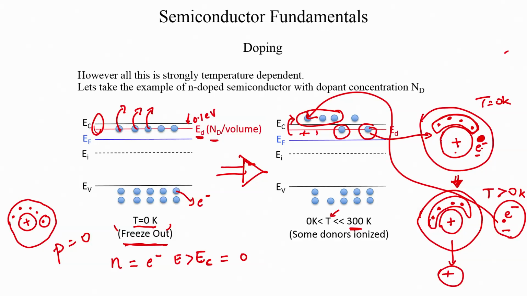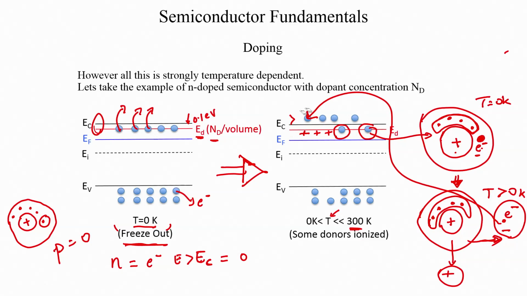They have left behind positive cores. I should have shown the positive core here. They have left behind this positive core and promoted the electron into the conduction band. So, there are several of them where the electron has escaped the clutch of the donor atom.